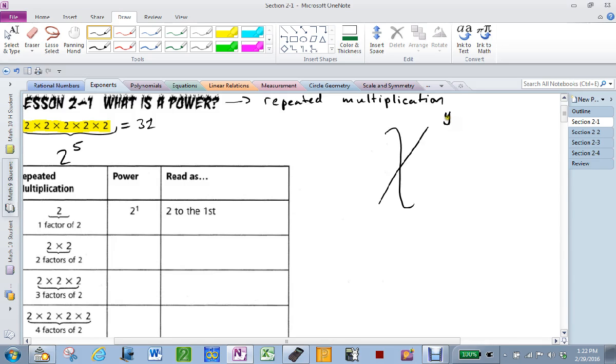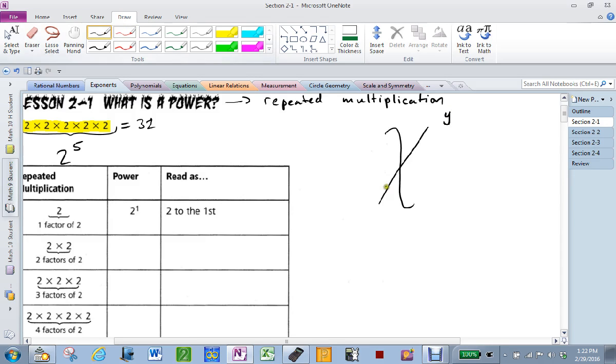It will never be a fraction or a decimal in grade 9, and it will never be negative. Okay? Why? I will show you later on in this unit why it will never be negative for you. Because that will also prepare you for grade 10, because I care that much about you. Okay? Nice guy.